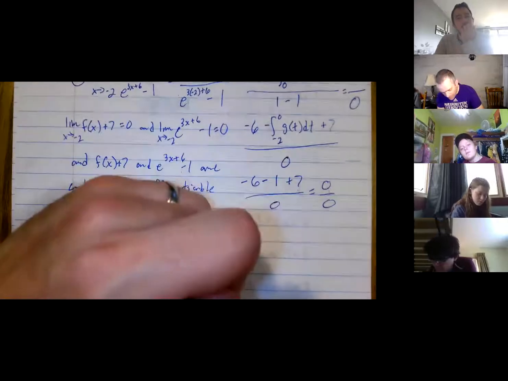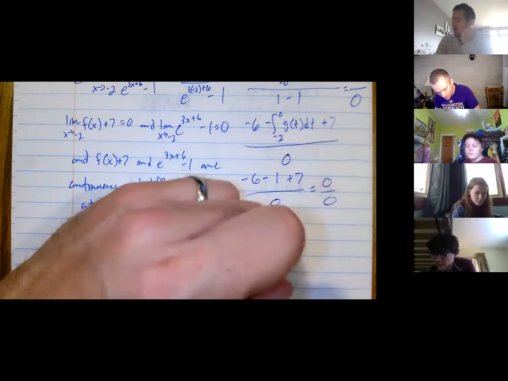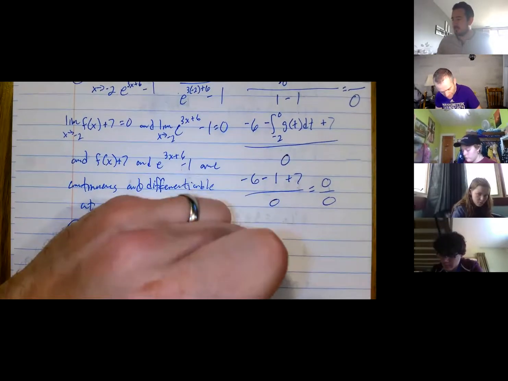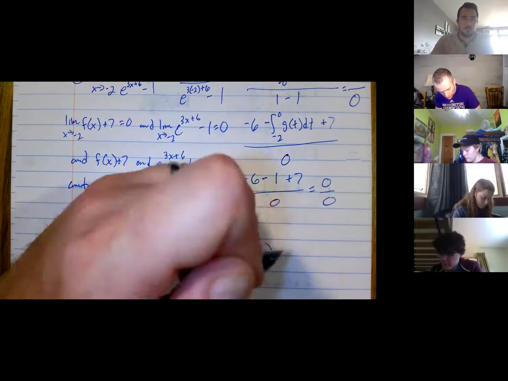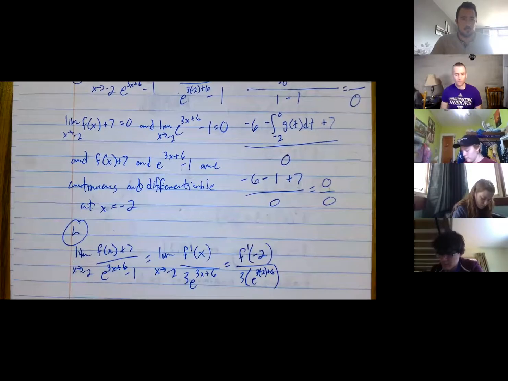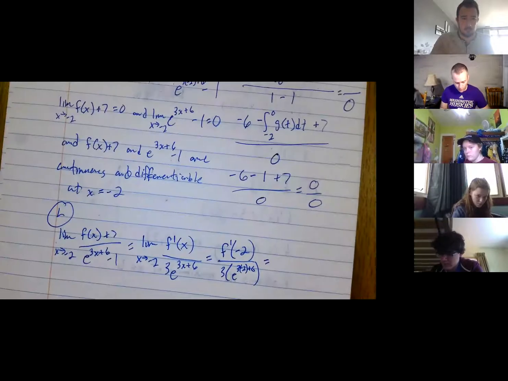And so then we would reevaluate, and we get f prime of negative 2 divided by 3 times e to the 3 times negative 2 plus 6.